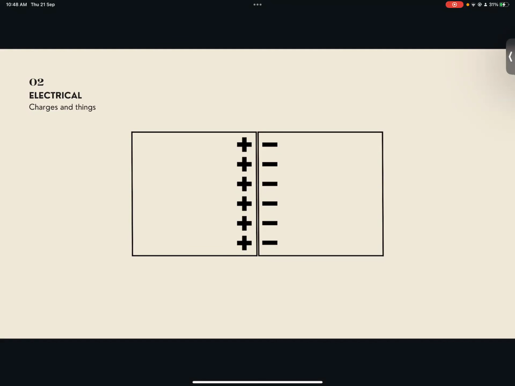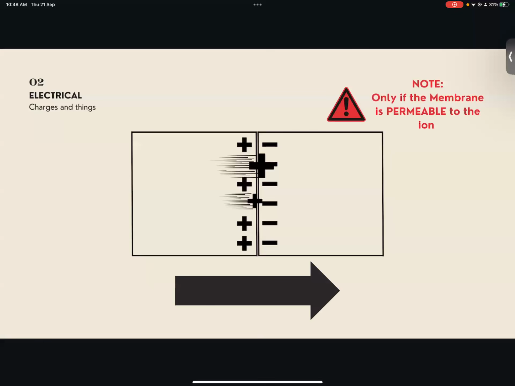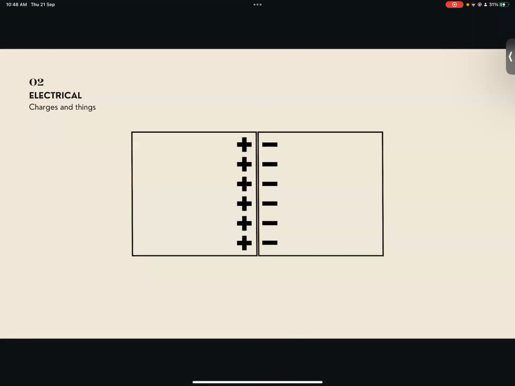Because we have permeability of the membrane to the positive charges, we can say with full confidence that the positive charges will move from the left to the right, only if the membrane is permeable to the ion, and in this case, it is permeable only to the positive ions and not to the negative ions. The negatively charged ions will not be able to move from the right compartment to the left because the membrane is not permeable to them.